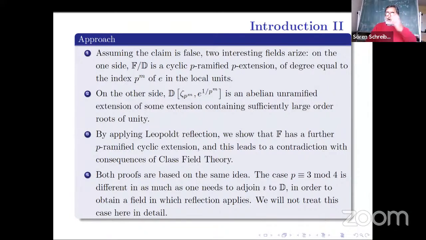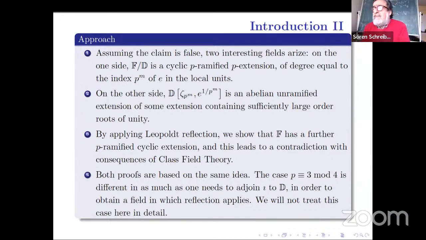Then you apply Leopoldt reflection on this unramified extension in several steps. The construction implies that F must have a further p-ramified cyclic extension. This contradicts the very tight structure of units and classes in F, so you have a contradiction by class field theory.